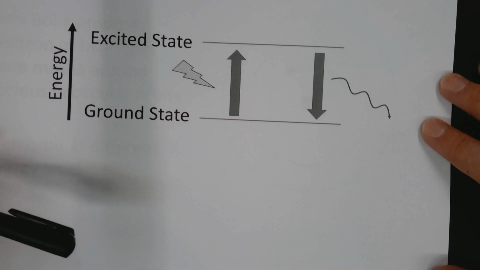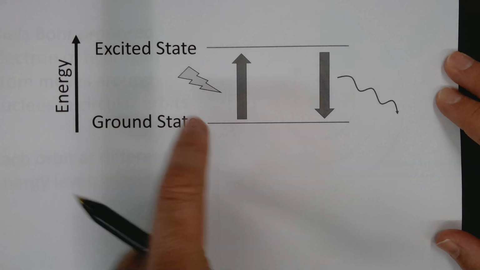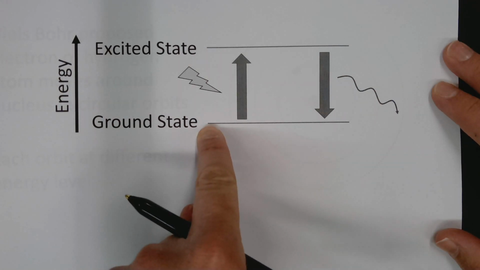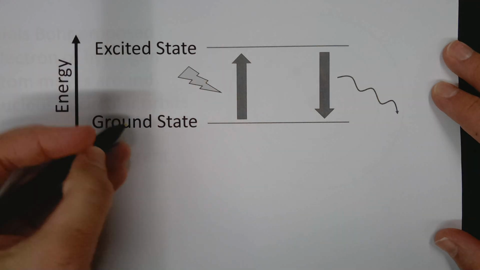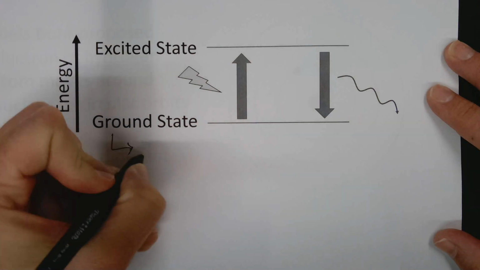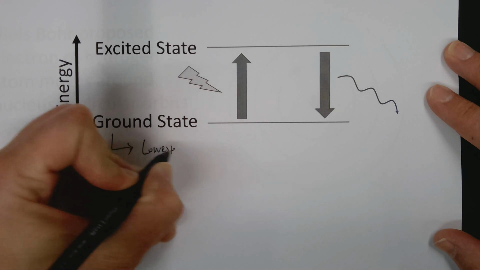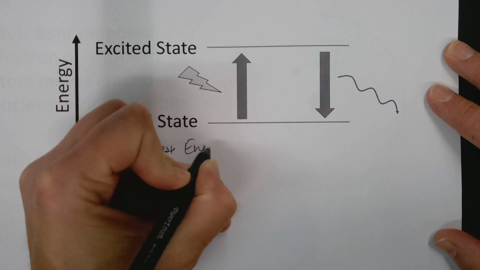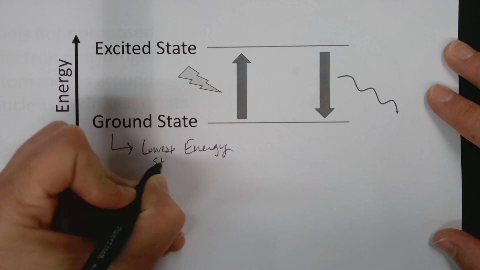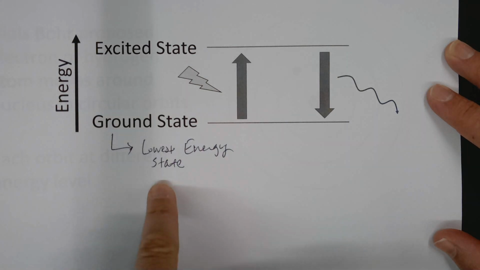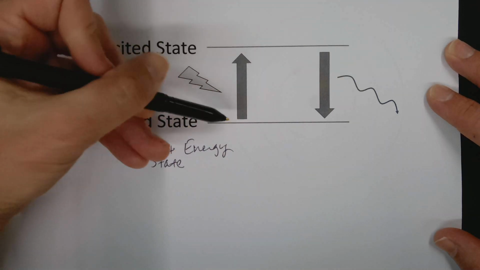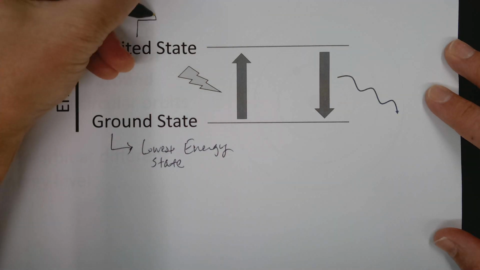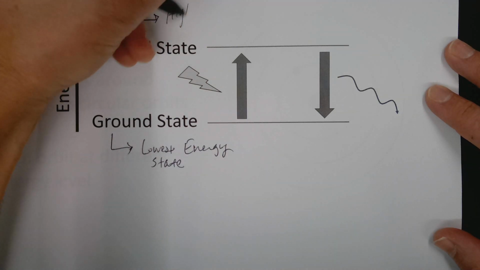So this is just another way to represent it. If we start in the ground state, and again, if you go to the slides, I animate this. This is the lowest energy state. If we add energy, that bumps us up to a higher energy level, which we call the excited state.